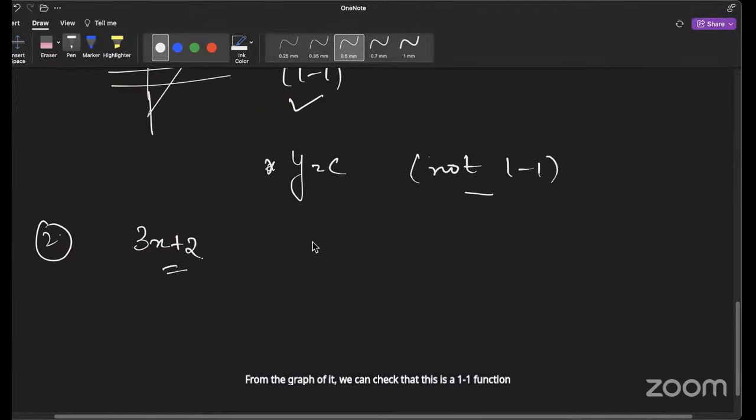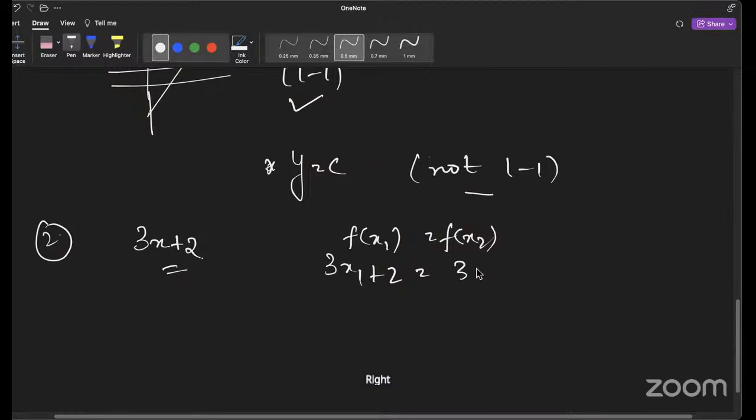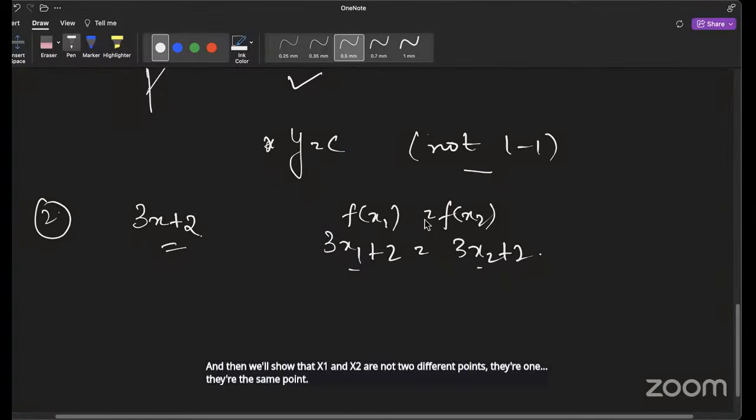But if we want to test it using the definition, what we can do is we can take two different points, x1 and x2. This is f(x1) and f(x2). Let's just assume that at two different points, your function is the same, right? And then we'll show that x1 and x2 are not two different points. They're the same point. That's what your definition says, right?